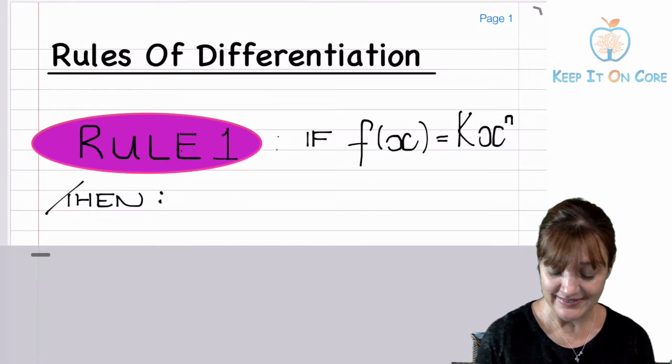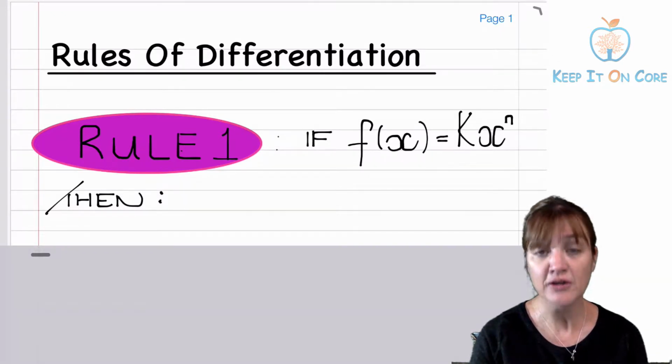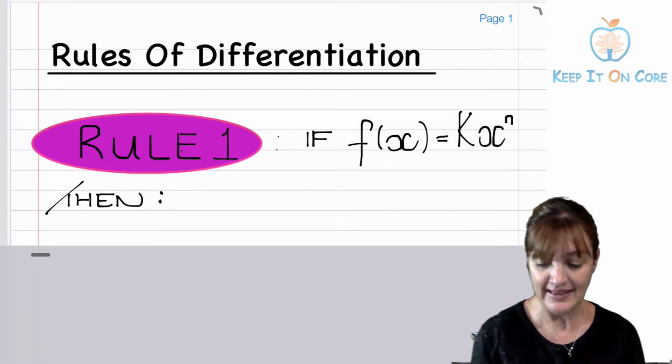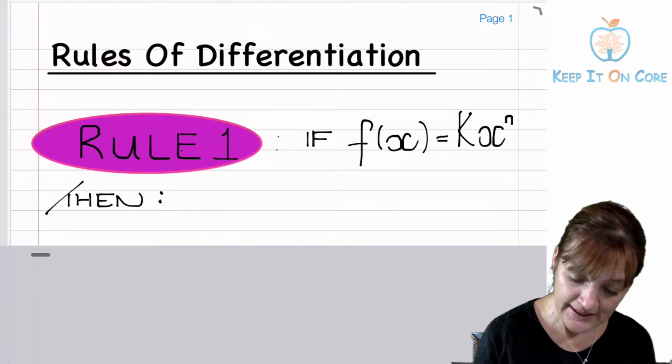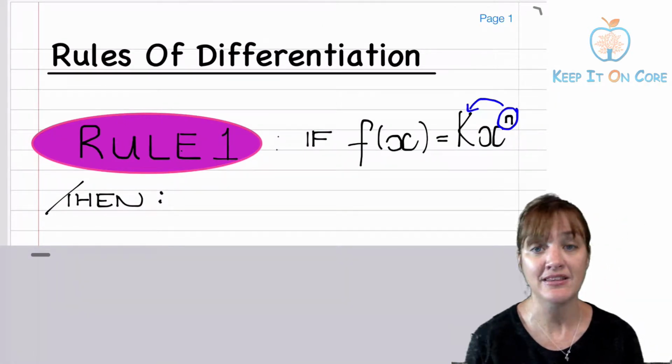The first rule is this: if I've got a function f of x where the coefficient, the value in front of your x, is k and it's x to the power of n, this is what the rule says. We need to take the exponent and multiply it by the coefficient.